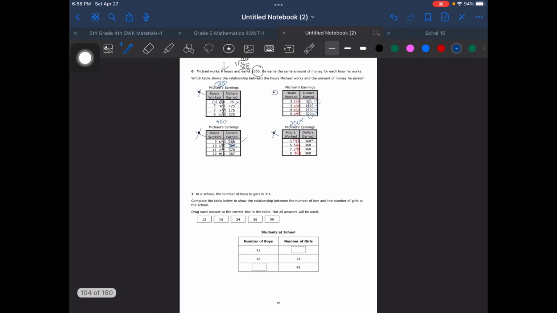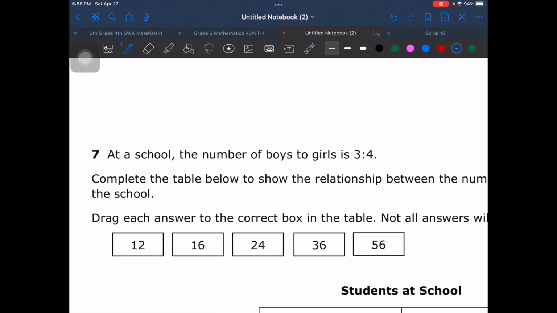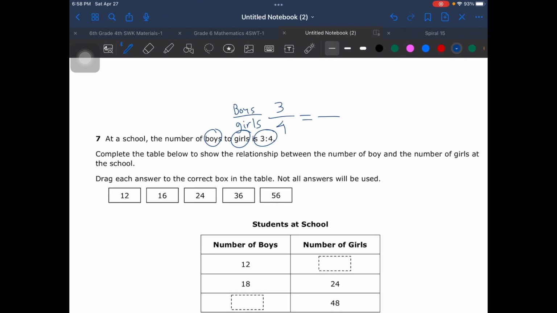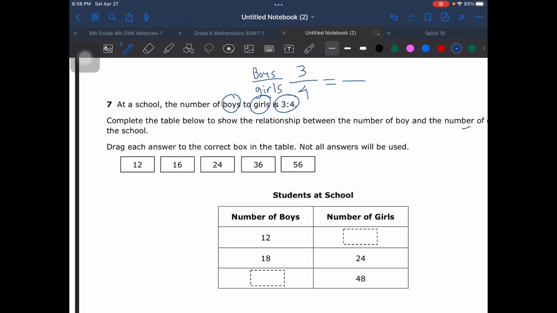Yes. Okay. 7. Number of boys to girls, 3, 4. So our fraction is 3, 4. And the order in which they gave it to you, chicos, is very important. You have to respect that. Complete the table below to show the relationship between the number of boys and the number of girls at the school.